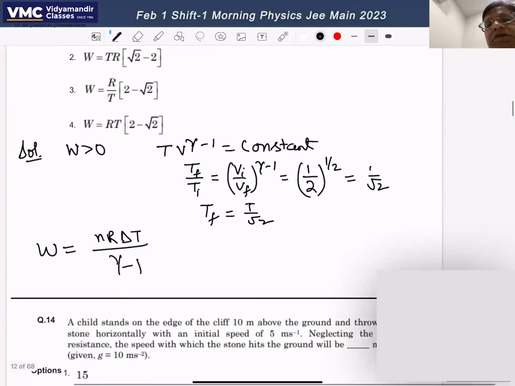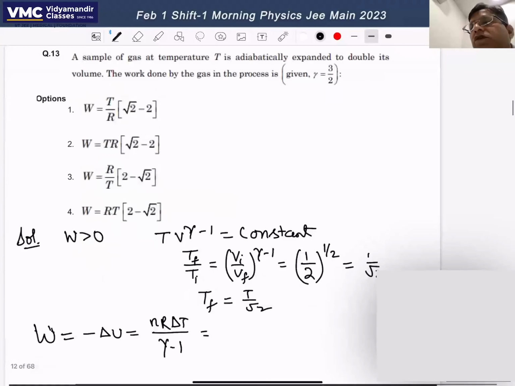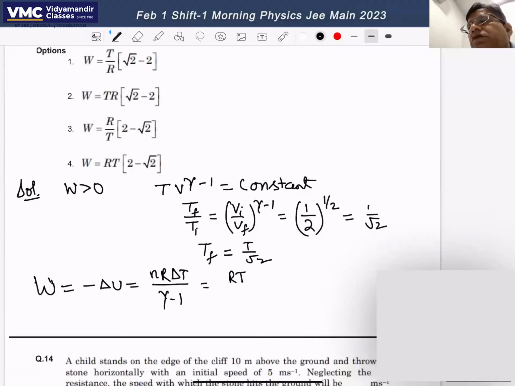Now work done is given by the formula. For an adiabatic process, work done is minus delta U, the change in internal energy, and that comes out nR delta T divided by gamma minus 1. From here, if we take 1 mole of gas, it will be R times delta T, that means T final minus T initial, divided by gamma minus 1.